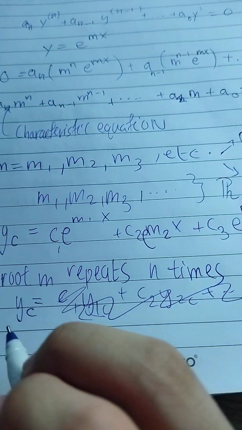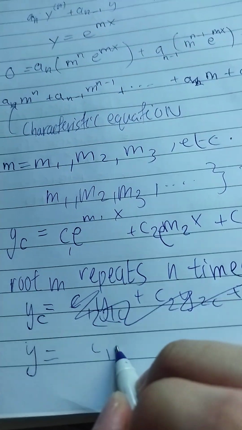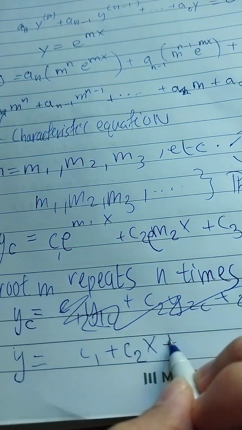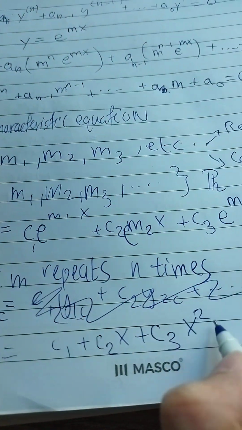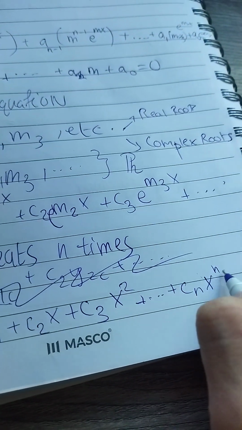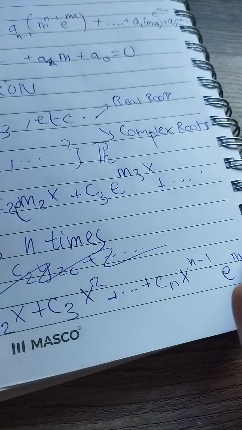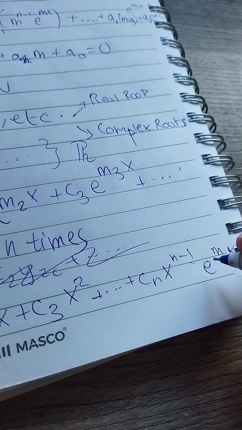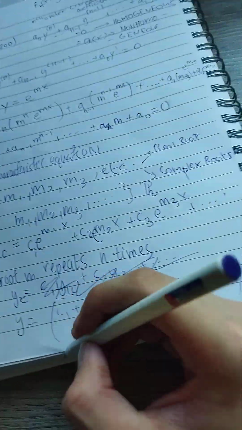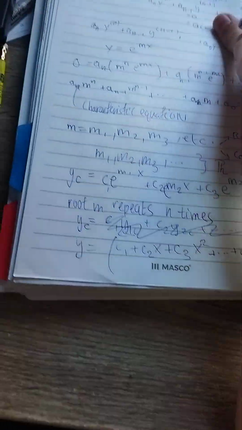Then y equals (c1 plus c2 x plus c3 x squared plus ... plus cn x^(n-1)) e to the mx. So this would be the form of the solution for a real root that repeats n times.